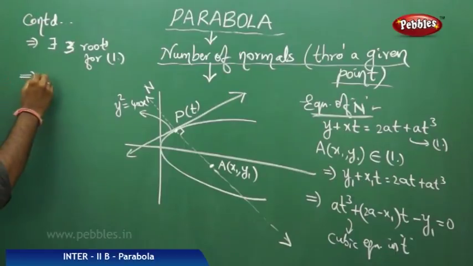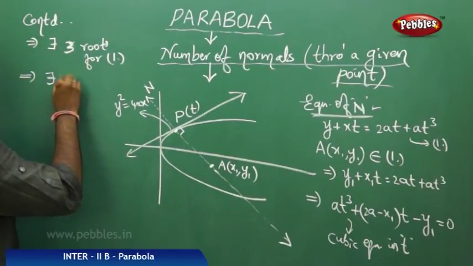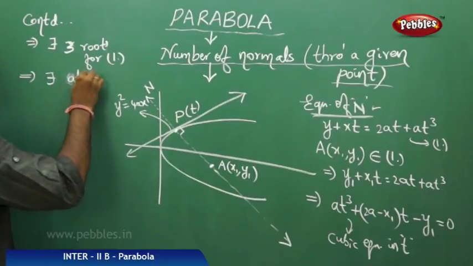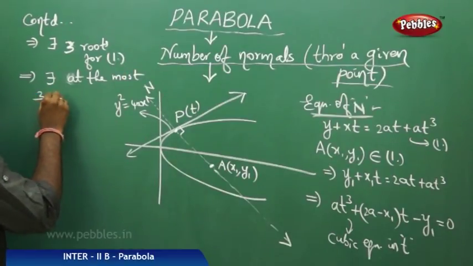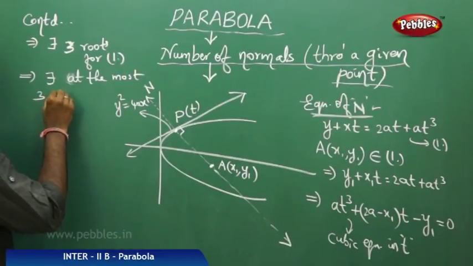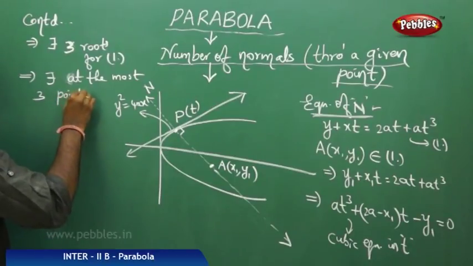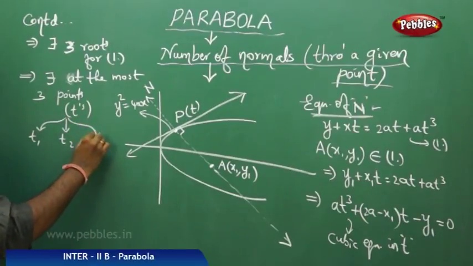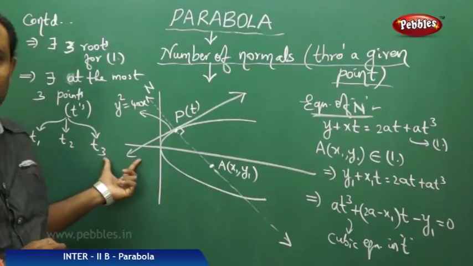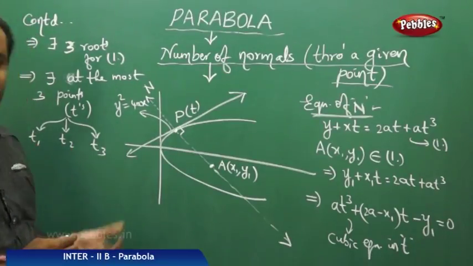That implies there exist 3 roots, in the sense there exist at the most 3 points, that is all the t's, which are t1, t2 and t3. There exist 3 points. One is t1, one is t2 and one is t3 at the most, which shows that there are normals on the parabola at 3 points t1, t2 and t3.